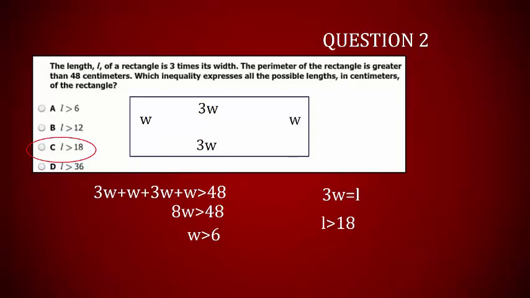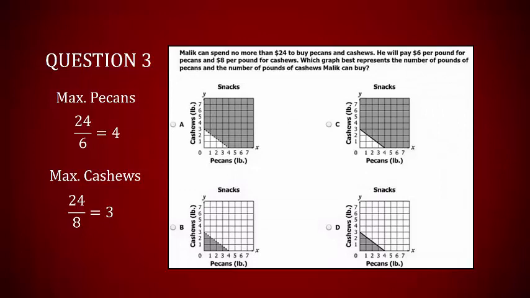In this question, Malik has $24 to spend. He can buy pecans at $6 per pound and cashews at $8 per pound.